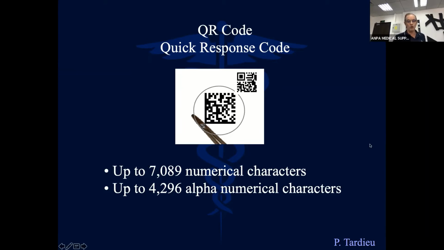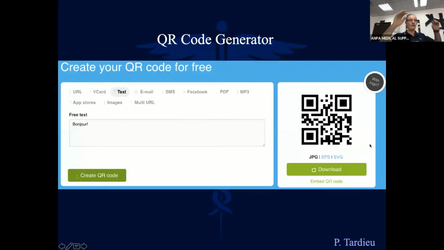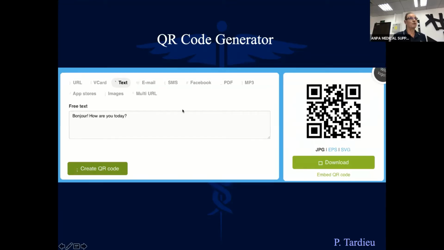You can store a lot of information reading a QR code. This is why we've been implementing a barcode system in EMedicalManager. If you write bonjour here, the QR code of bonjour, which is generated here, is this. And if you write bonjour, how are you today, it will become this. So look at this.